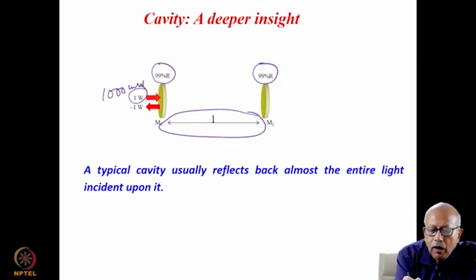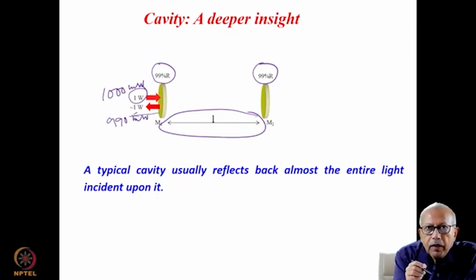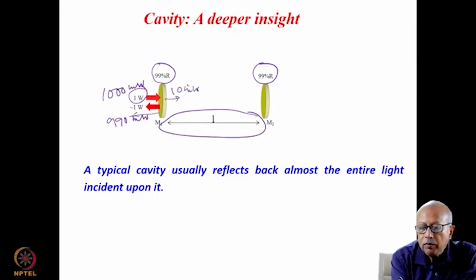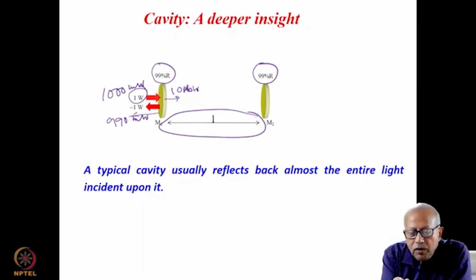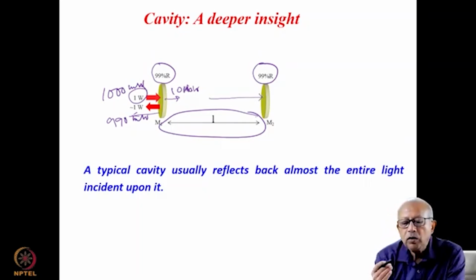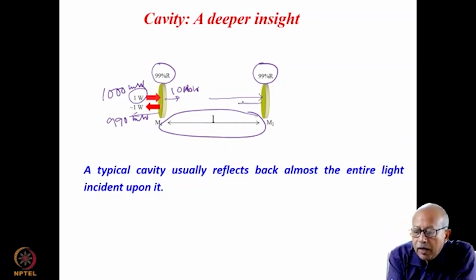So 990 milliwatt will be reflected by the cavity, and only 1%, that is the remaining 10 milliwatt, will be transmitted inside. Now this 10 milliwatt, which shines on the rear mirror, is again going to be reflected 99% back.